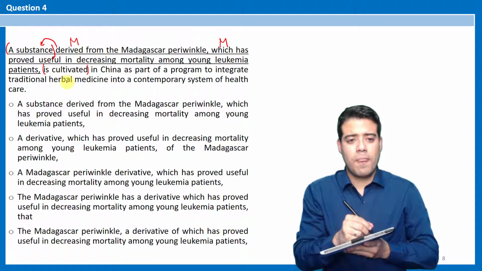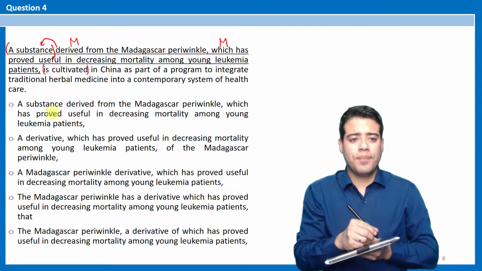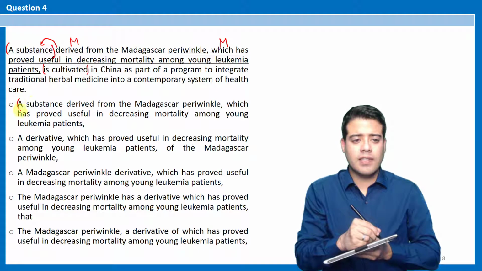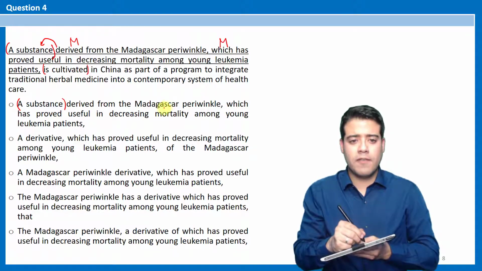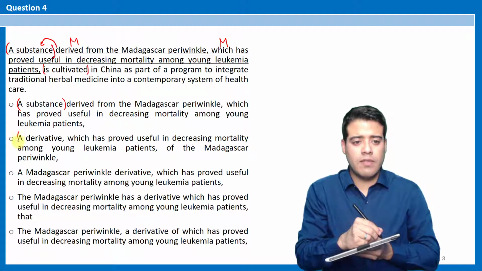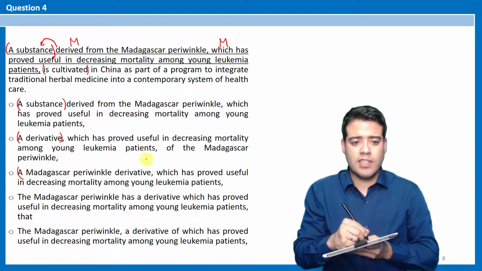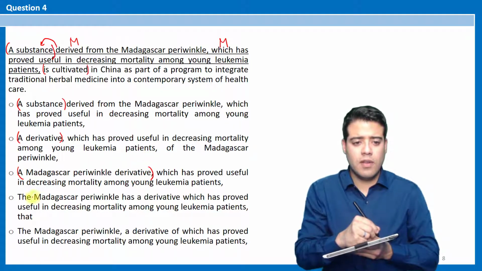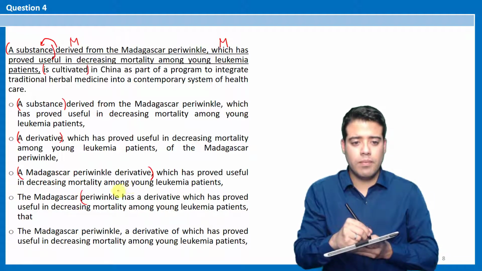But be careful. What is cultivated in China? Can you cultivate a substance derived from the Madagascar periwinkle, which is a plant? Or do you cultivate a derivative? Or do you cultivate the Madagascar periwinkle derivative? Or you cultivate the Madagascar periwinkle?